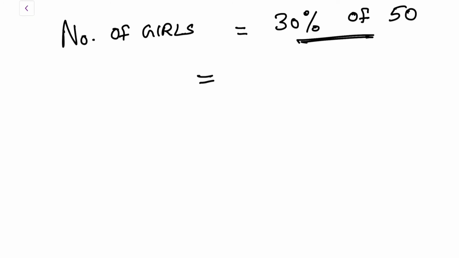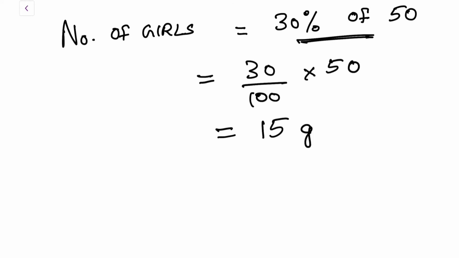They said 30% of the total number of students, that is 30% of 50. So this is 30 by 100 into 50. That will give you 15. So there are 15 girls in that class, all right?